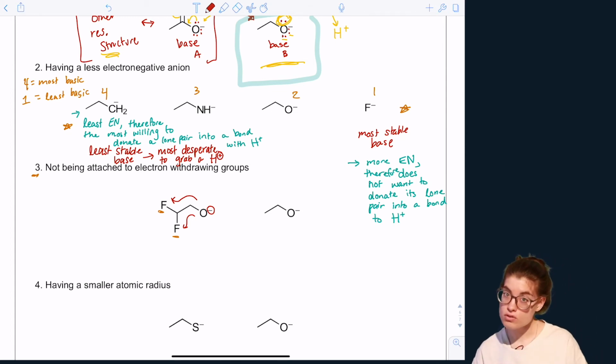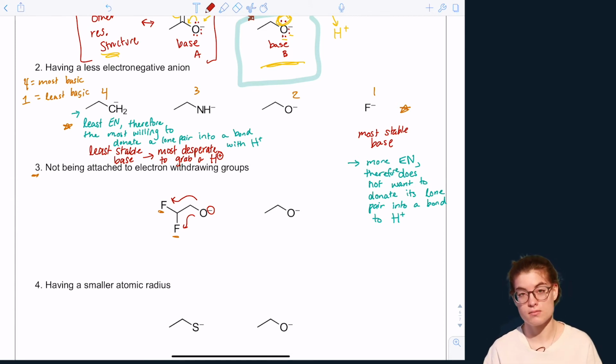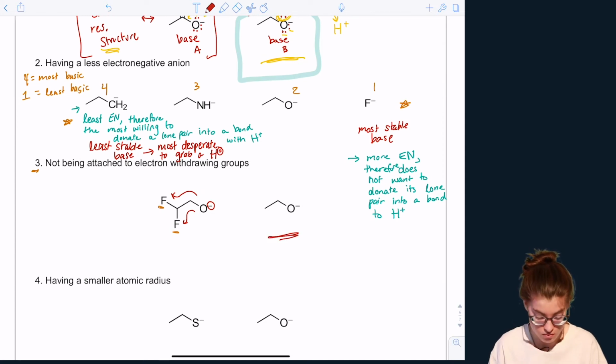Okay, that's doing two things, and we've kind of already talked about this in resonance. One is it's making that oxygen more stable, and so the molecule is a little bit less desperate to get out of the situation, because it's like, well, I'm not in the best situation, but I'm still kind of stable relative to this other molecule, which is not stabilized through any sort of means, and so it's very desperate to kind of change its situation, if you will.